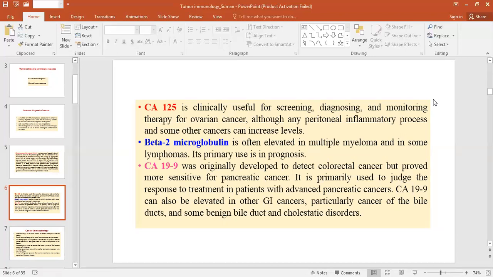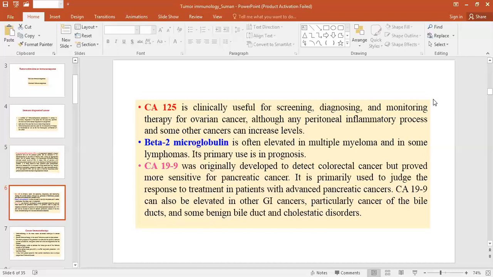The other one is CA19-9, which was originally developed to detect colorectal cancer but proved more sensitive for pancreatic cancer. It is primarily used to judge the response to treatment in patients with advanced pancreatic cancers. And this particular protein can also be elevated in other GI cancers, gastrointestinal cancers, particularly cancer of the bile duct and some benign duct and cholestatic disorders.